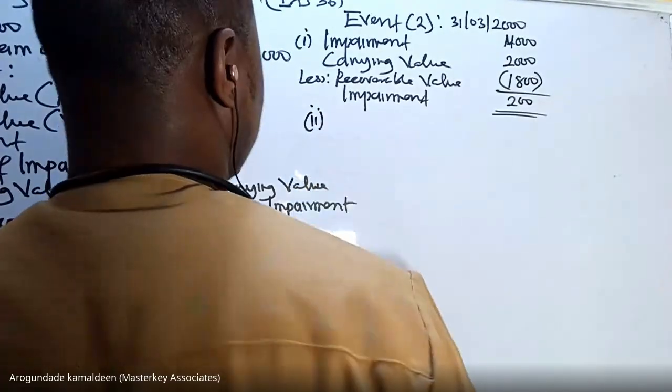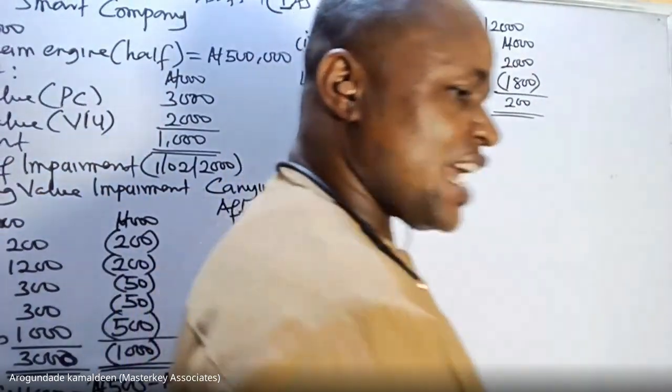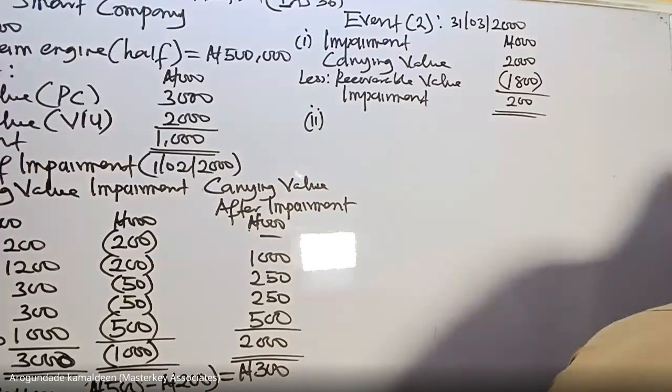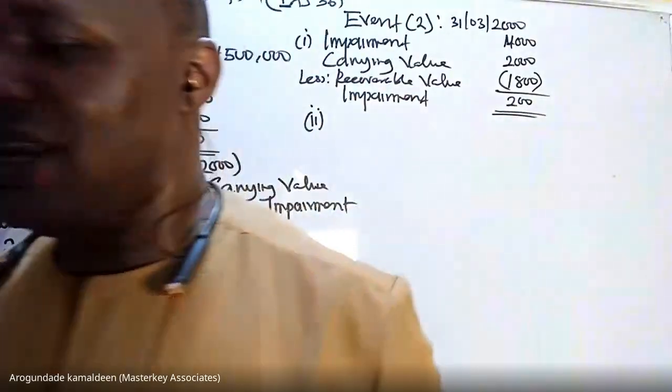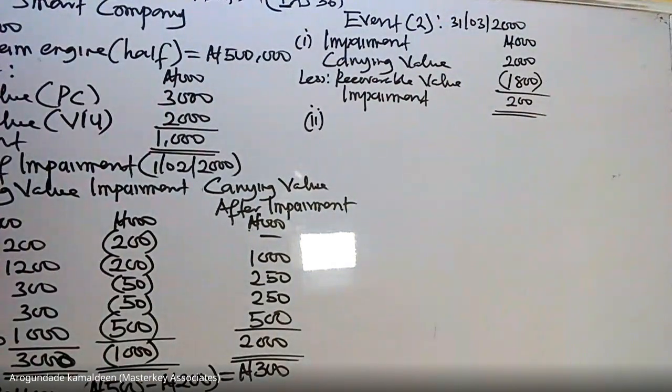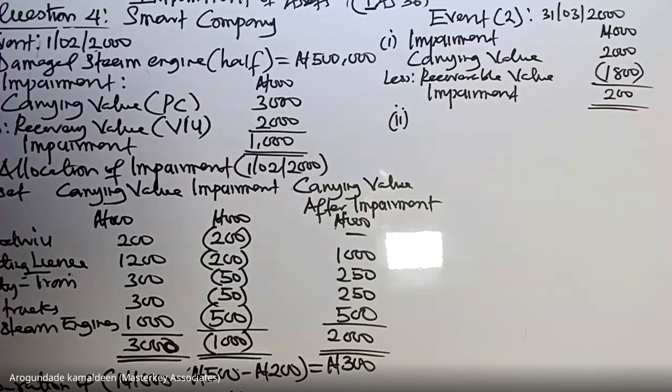Something also happened to class. What can you say about the operating license? Yes, let someone please talk. What can you say about the operating license? Please, sir, shift your camera to the middle, please. Okay, what can you say about that? It reduced. By how much?